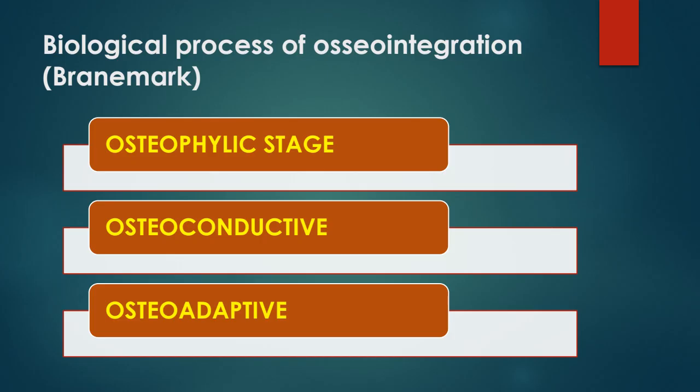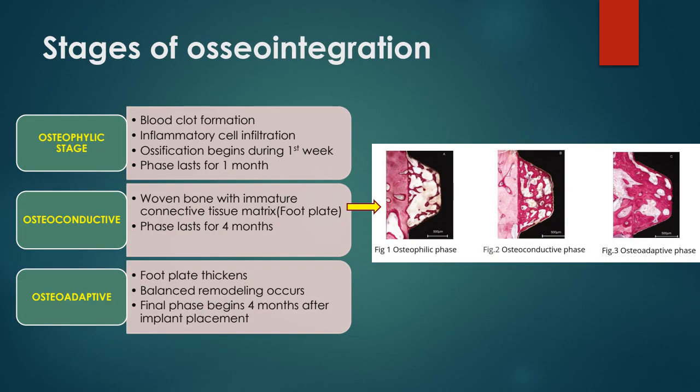Osseointegration in general: Branemark described phases of healing around the implant through an osteophilic phase, an osteoconductive phase, and an osteoadaptive phase. So what does this mean? Osteophilic, as we said, is the first 48 hours: we have a blood clot, cells entering the site, ossification, and formation of woven bone.